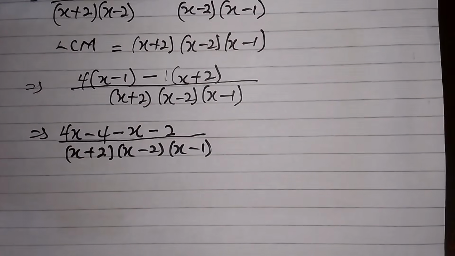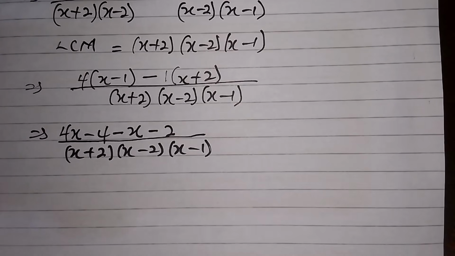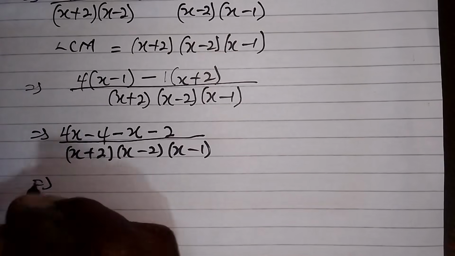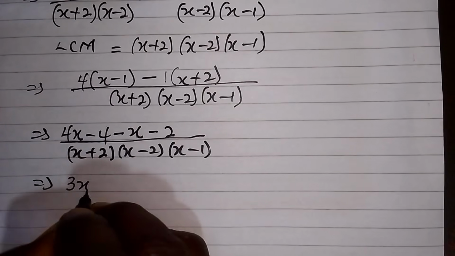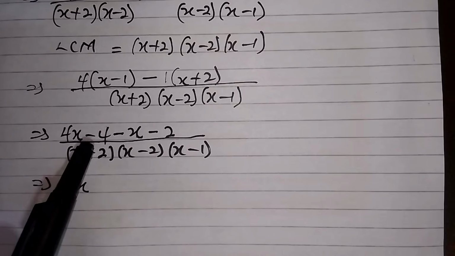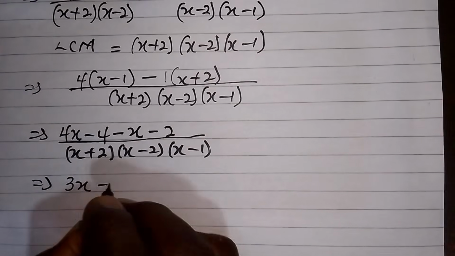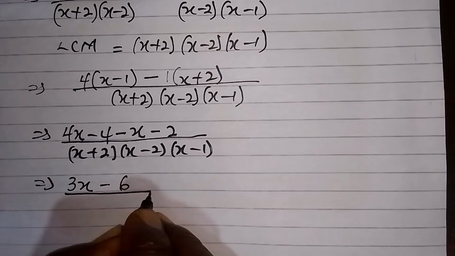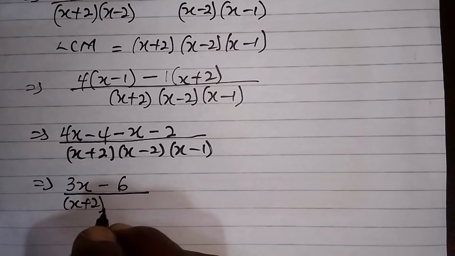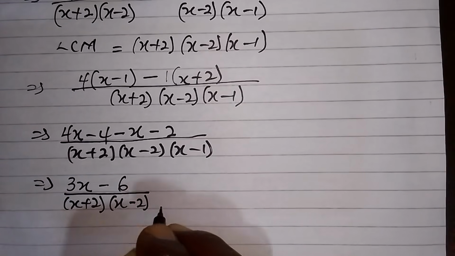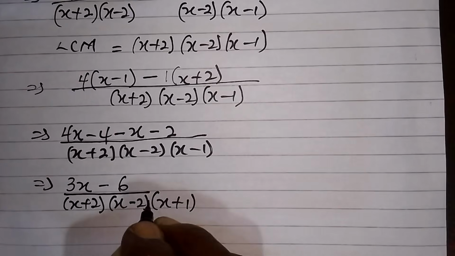For this, let's add and subtract the like terms in the numerator. So 4x minus x gives us 3x, and minus 4 minus 2 gives us minus 6, all over the denominator of x plus 2, x minus 2, x minus 1.